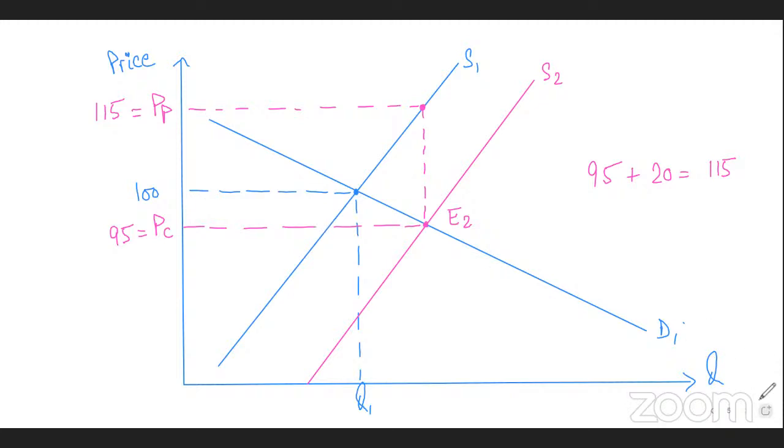Right? So rule of thumb, in simple words, when demand is inelastic, consumers face more burden of the tax, and when demand is inelastic, consumers benefit more from the subsidy, and vice versa, right? So in both the cases, whichever of the two will be inelastic.